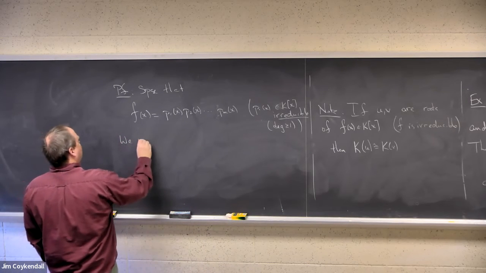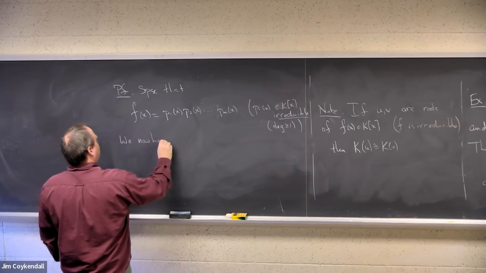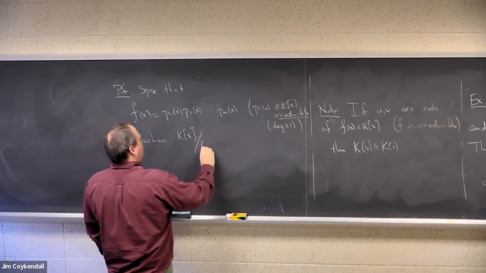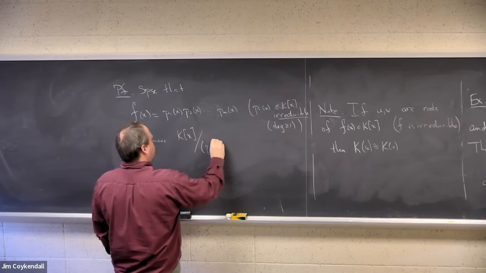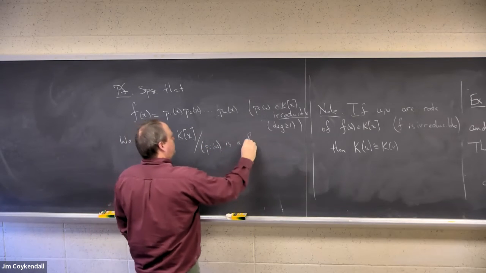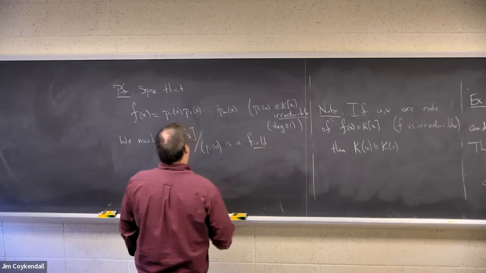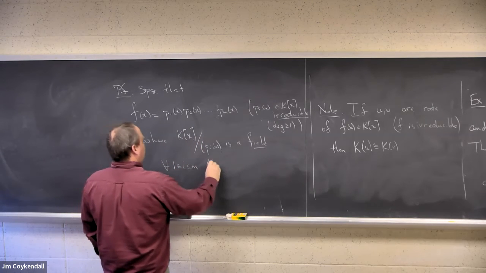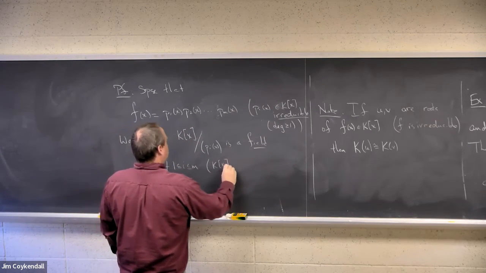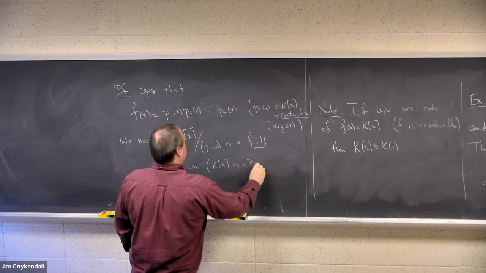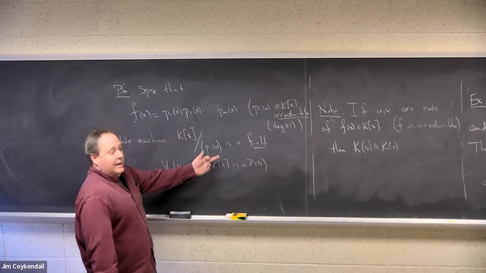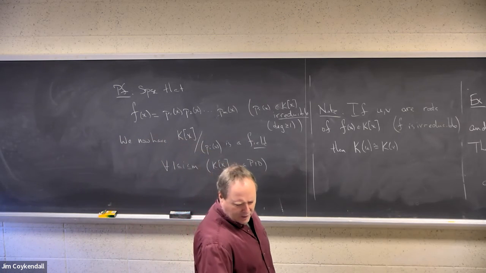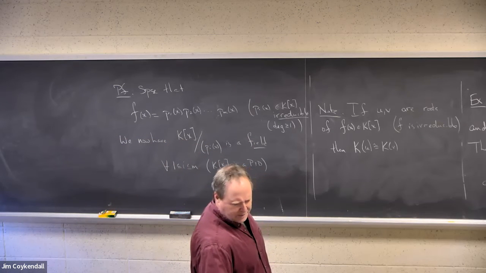We now have K[x] mod the ideal generated by p_i(x) is a field for all i between 1 and m, because K[x] is a PID and irreducible polynomials generate maximal ideals in K[x].